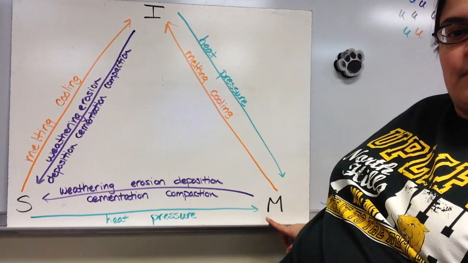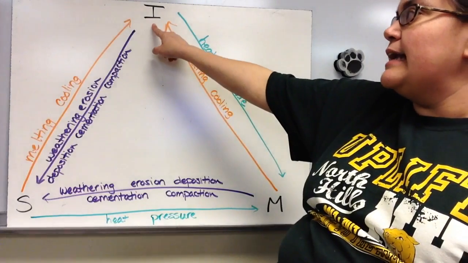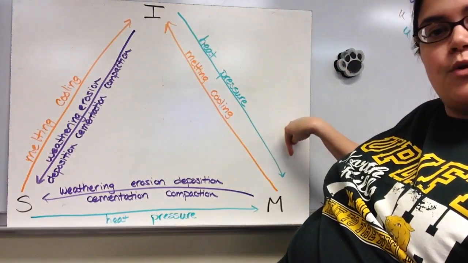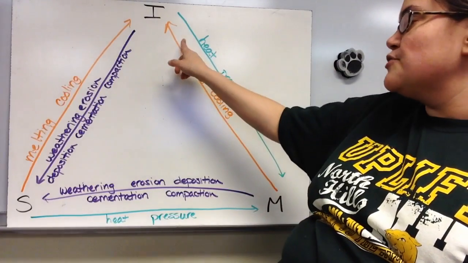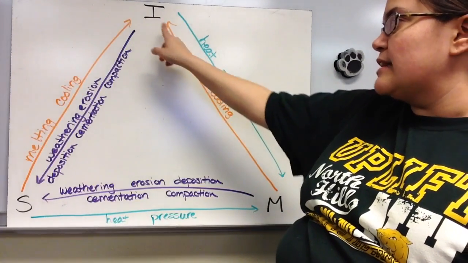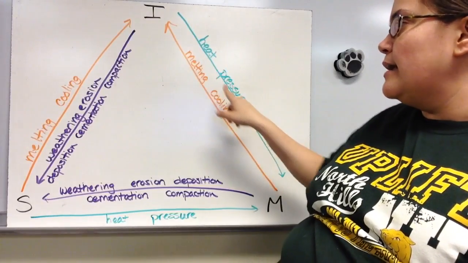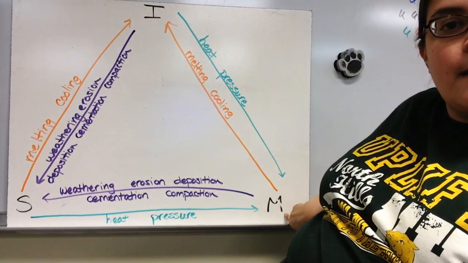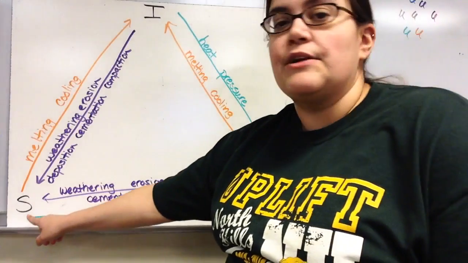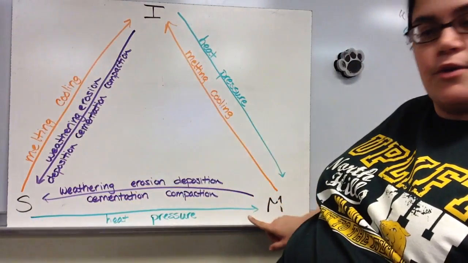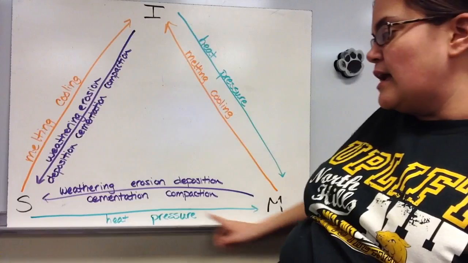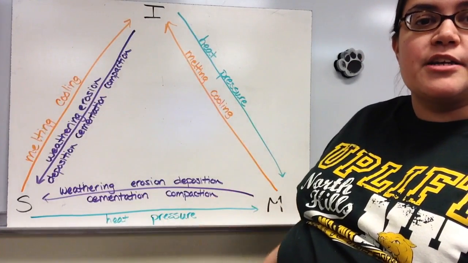And then lastly is metamorphic. And if we have an igneous rock and we're moving down towards metamorphic, we're going to follow this green arrow and subject this igneous rock, put it under heat and pressure to become metamorphic. If we have a sedimentary rock over here and we want to move over to metamorphic, it also has heat and pressure.